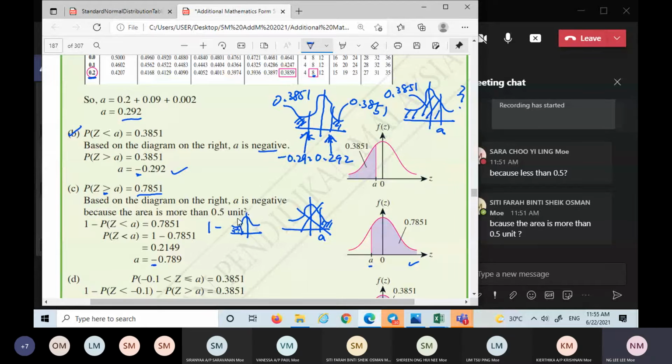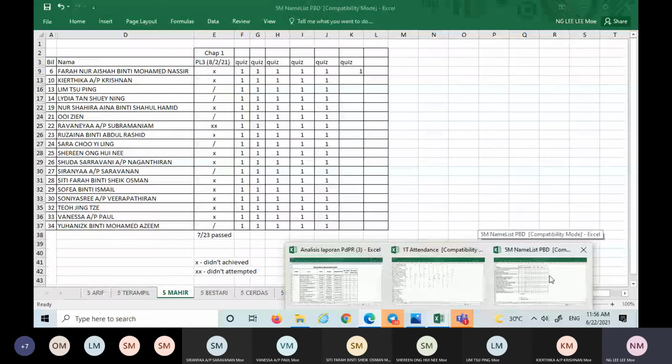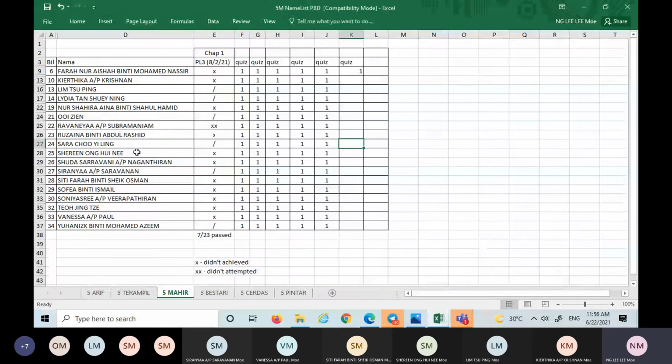Now how to find this? This one is the same as question B. I want to find this, so you need to know the area of this. How to know the area of this? Come on, anyone? Just now Sarah, I had to give her 1 mark.